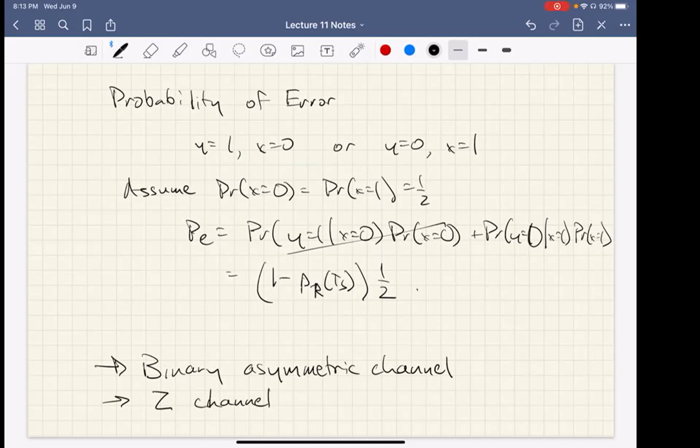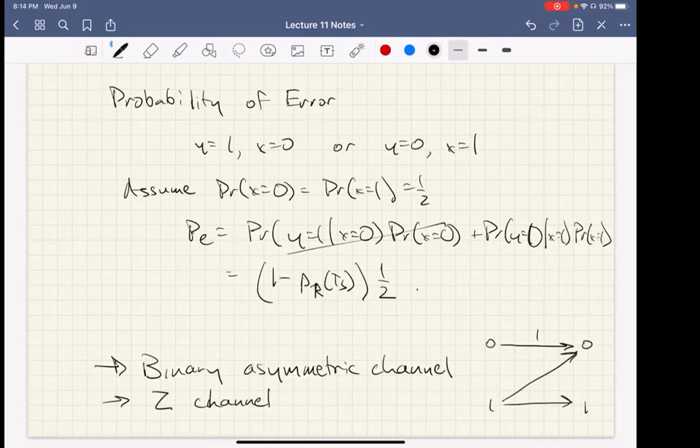So the Z channel looks like this: input 0, input 1, output 0, output 1. If you input a 0, you can only get a 0, with probability 1. If you input a 1, you can get either a 1 or a 0. So you can see why it's called a Z channel.